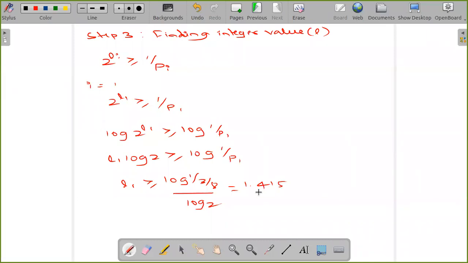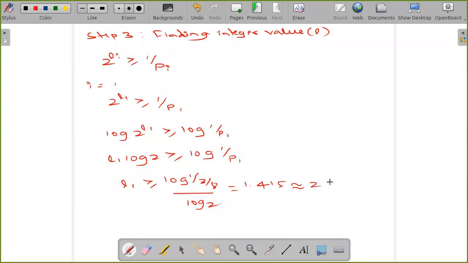Then we cannot take 1.4150 because it is not an integer. As I said, I need to find the integer values. Now this value should always be rounded towards the next integer. That I can set as 2 here. 1.415 cannot be taken as less. Keep it in mind.